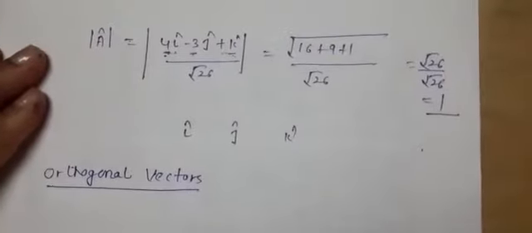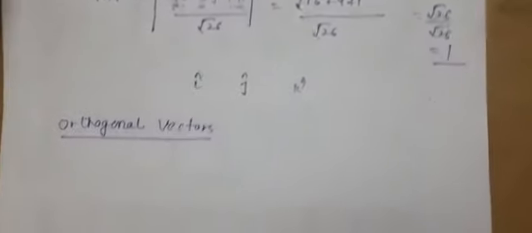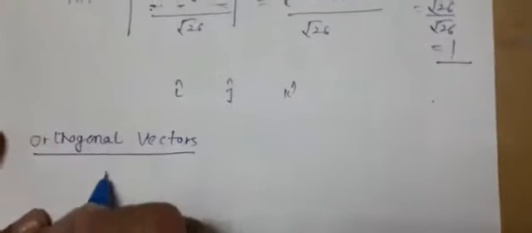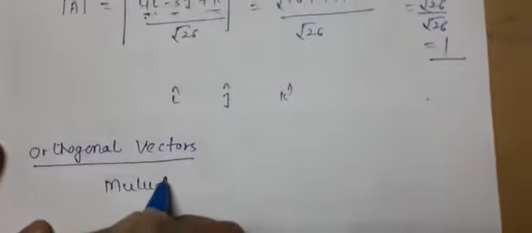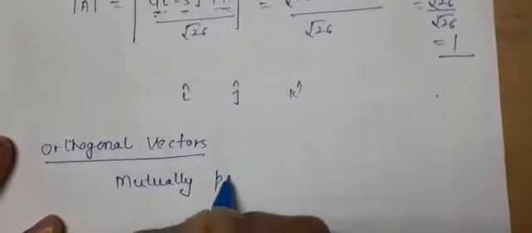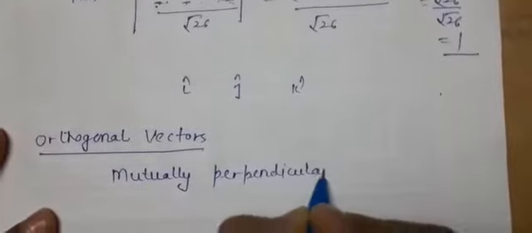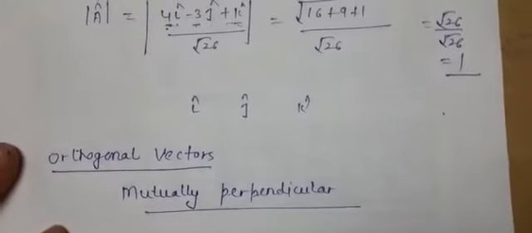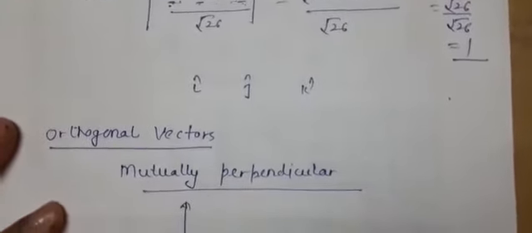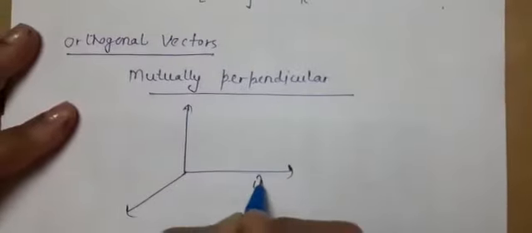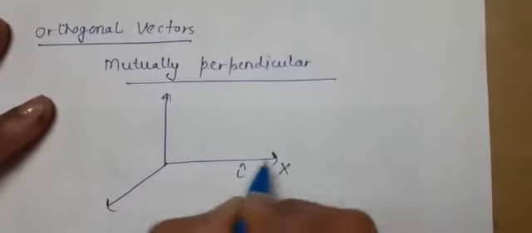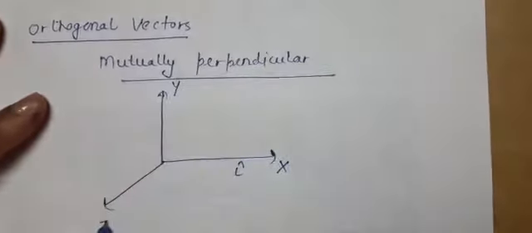Next we are taking orthogonal vectors. Orthogonal vectors are vectors which are mutually perpendicular to each other. Suppose we take a vector along i, that is along the x-axis, along the y-axis, along the z-axis.